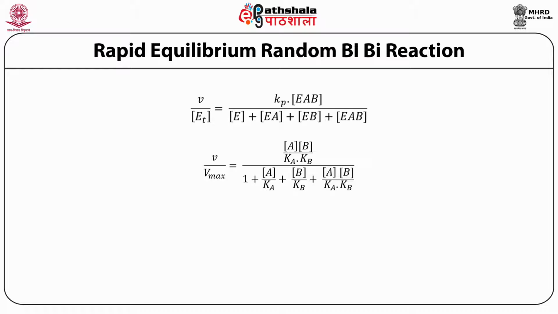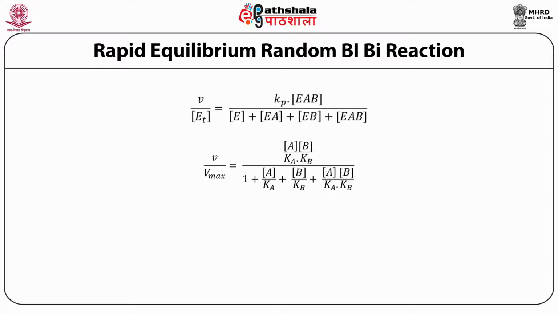The whole is divided by 1 plus A concentration divided by Ka plus B concentration divided by Kb plus A concentration times B concentration divided by Ka times Kb.